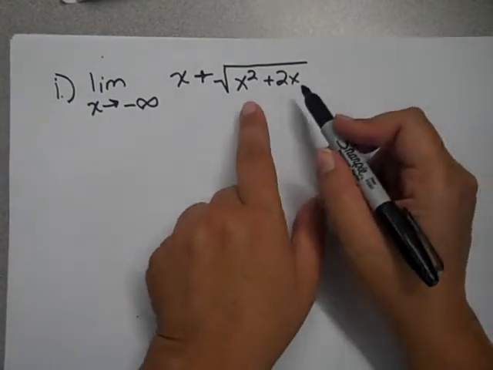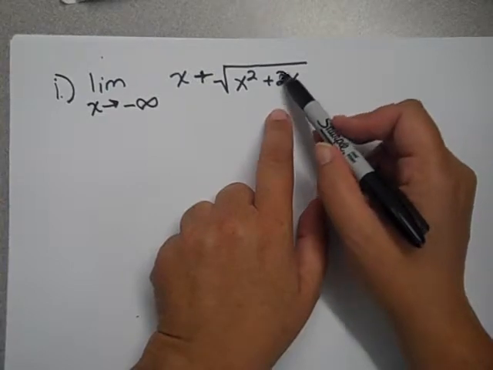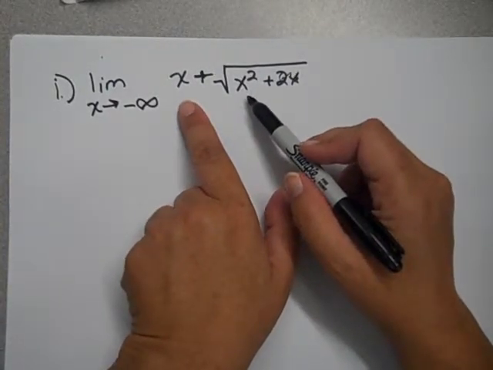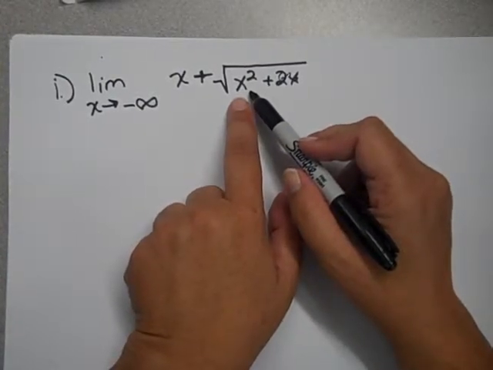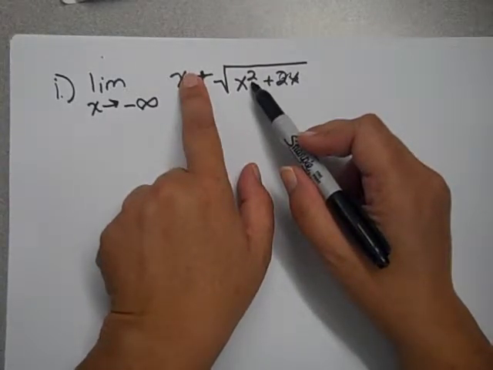So as we get bigger and bigger and bigger, this 2x is going to matter less and less and less. But this x squared and this x are actually equivalent, right? Because if you take the square root of x squared, you'd get x. So these have the same exponent.